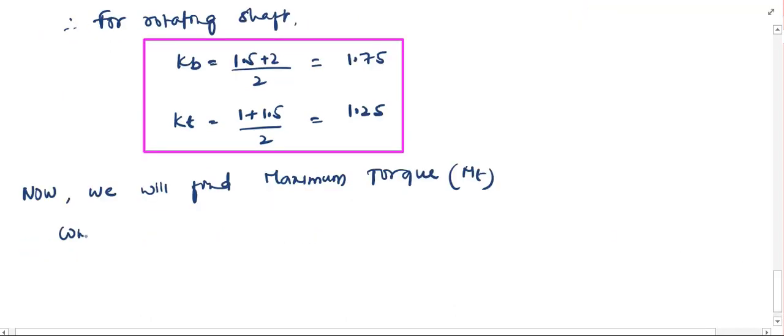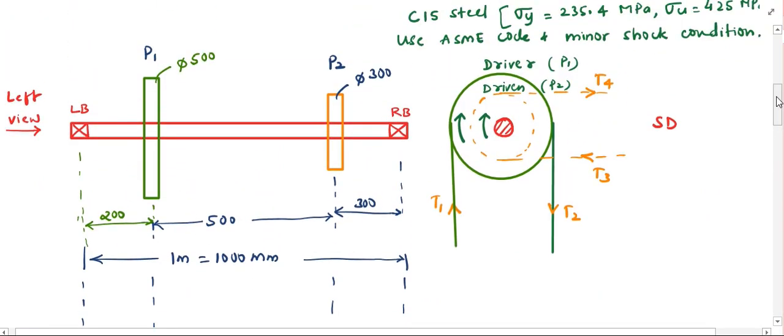Consider a pulley drive at B. Before I proceed further, let me mark the indications on the shaft.